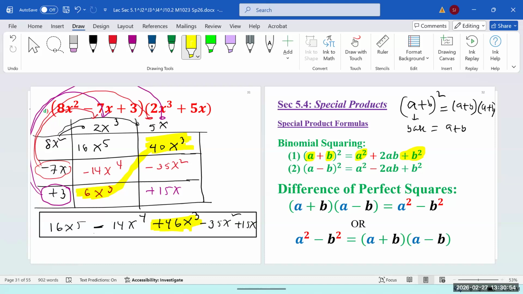The sign for their product depends on the sign in your binomial. If you have a plus sign, you add twice their product. If you have a minus sign, you subtract twice their product.